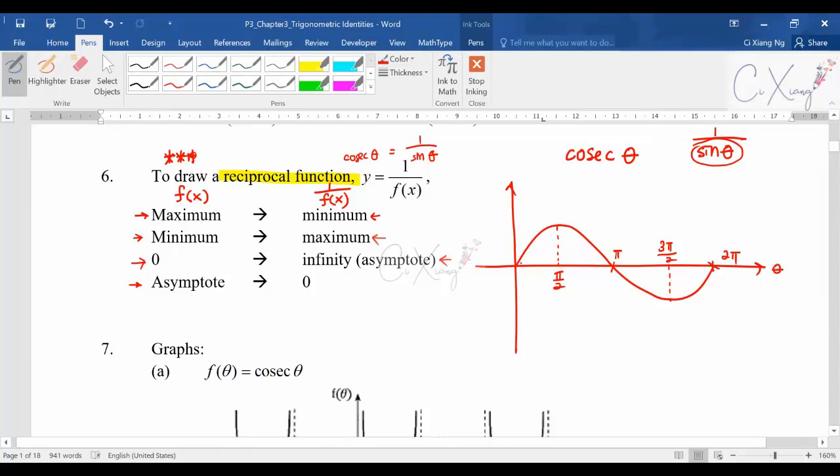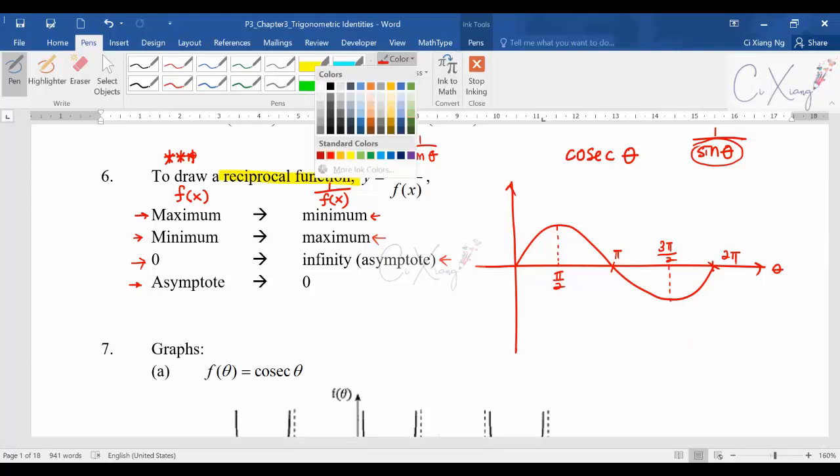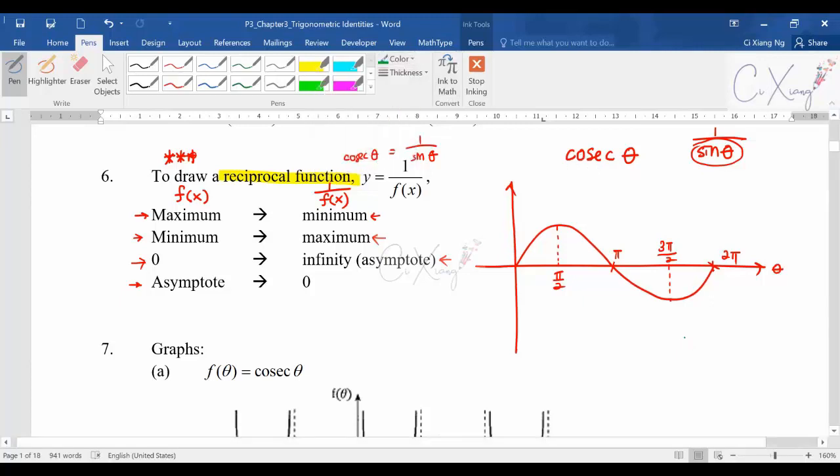The red graph here is actually your sine theta, the original graph. Then now I want to draw cosecant theta. To draw it, I need to apply all the rules here. Oh sorry, I forgot to label something: this is value 1, this is value negative 1.